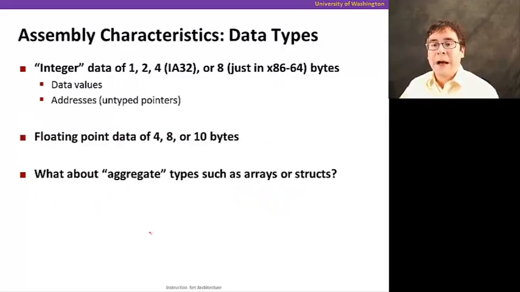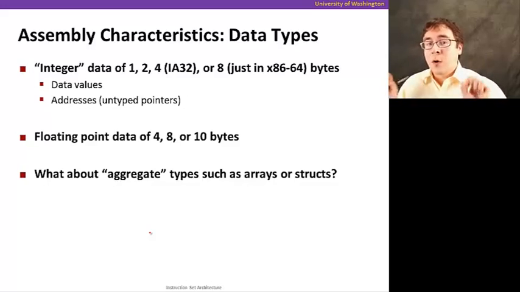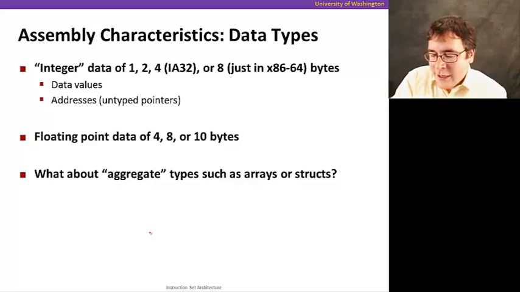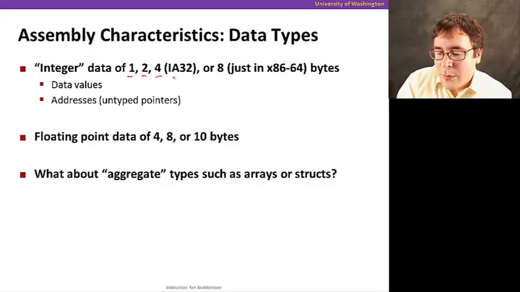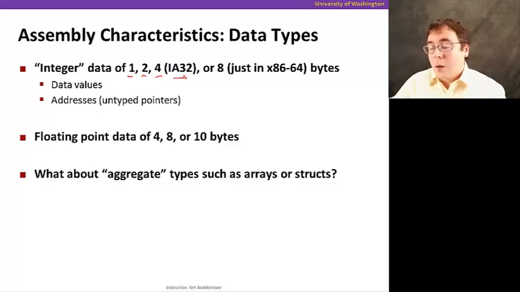So with that in mind, now that we know the basic types of instructions, let's look at the basic data types in assembly. In assembly you essentially have units of data that are 1, 2, or 4 bytes in the case of A32, or also 8 bytes in the 64-bit ISA case.